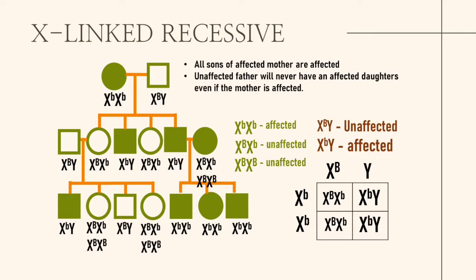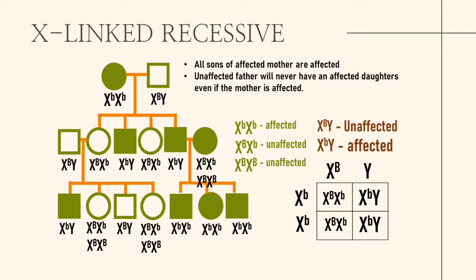So as you can see in here, katulad nga ng sinabi natin dito, all sons of affected mother are affected. Since lola is affected, so with that, the probability of having affected son will be 100%. Okay? Siyempre, kung mapapansin nyo naman dito, we have here the unaffected father.